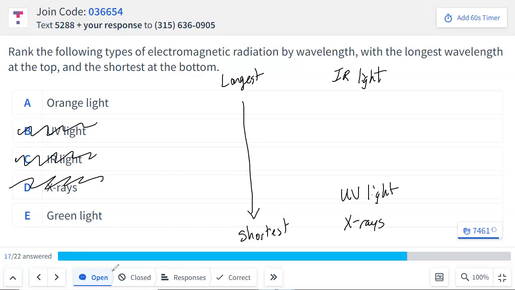So now it's a matter of orange versus green. Remember your order. It's Roy G. Biv. Red, orange, yellow, green. So orange is going to be less energetic, higher wavelength than green is.